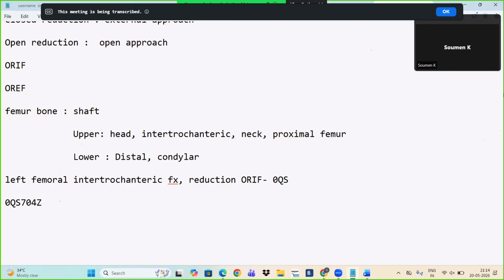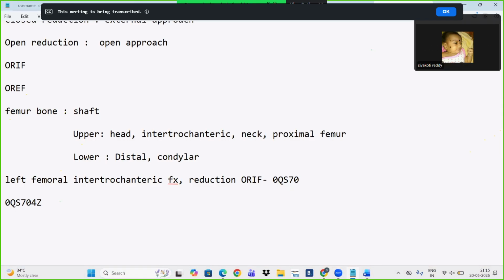0QS7, right? Under reposition, check. 0QS7. The first 0 is open reduction.